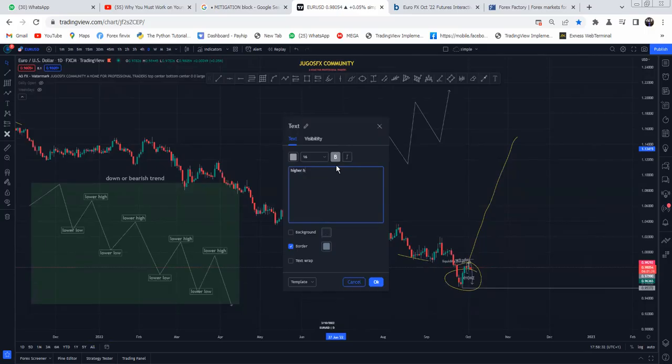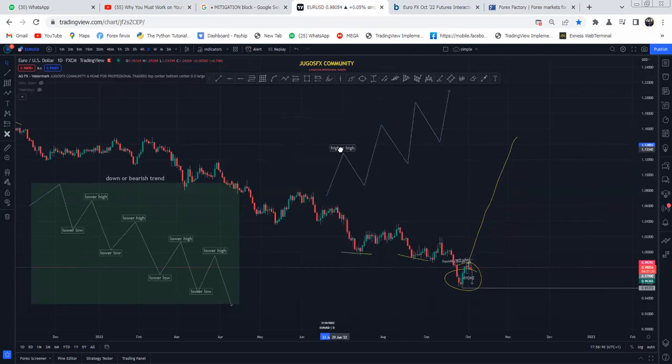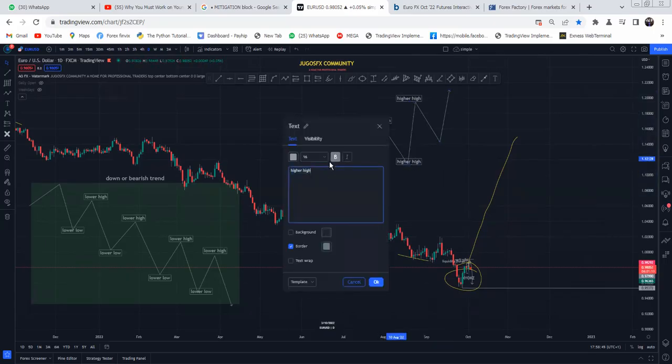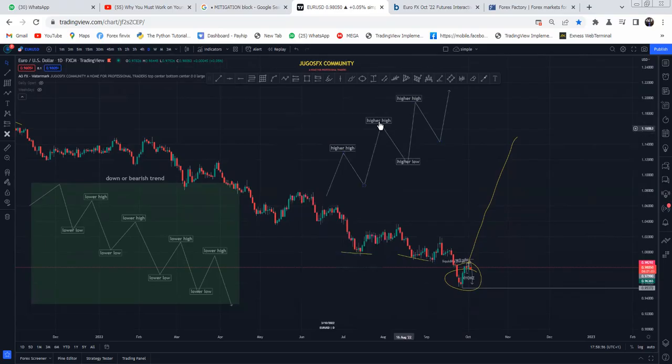Higher high. That's a higher high right here, and then higher high, higher high. This one now is a higher low. It's higher than this one, but lower than this. So that's what we call a higher low.